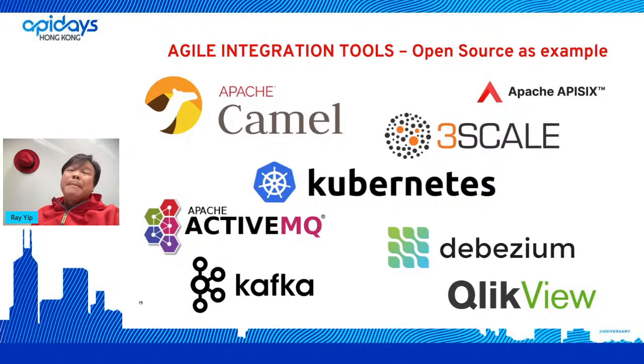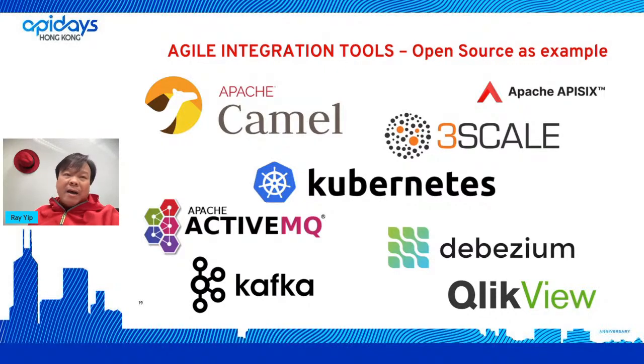For the API management gateway, you can use Apache APISIX and also 3scale. For messaging, the message queue or the hot topic is event streaming, and you can use MQ and also Kafka. And finally, you can use some data integration, for example Debezium and Quickview. All of them are open source as well.